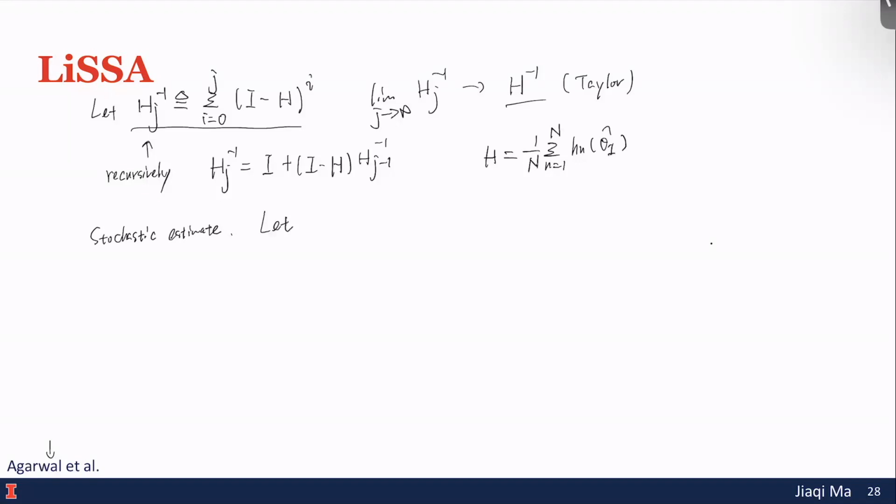So let H1 tilde, H2 tilde, up to Hj tilde be independent samples from this set, the set of Hessians on the individual training data points.